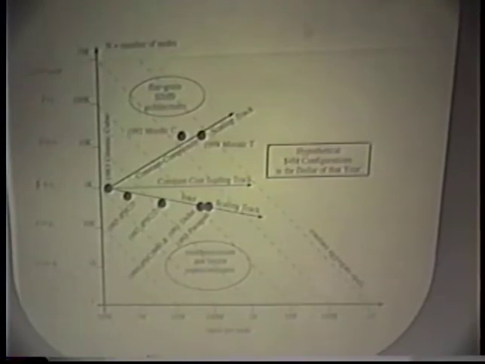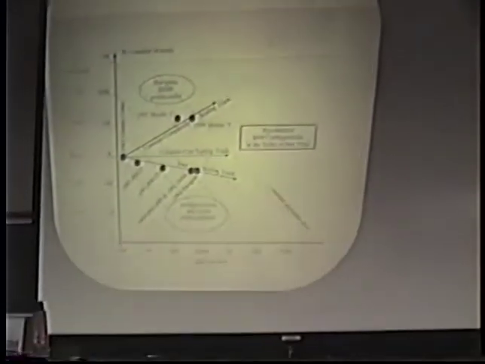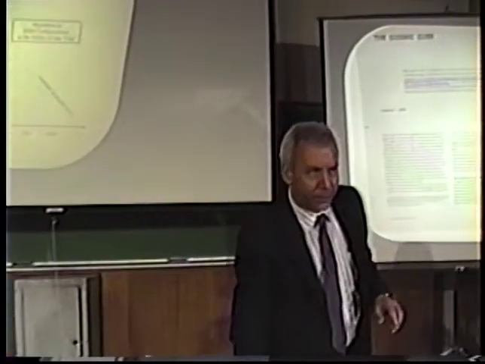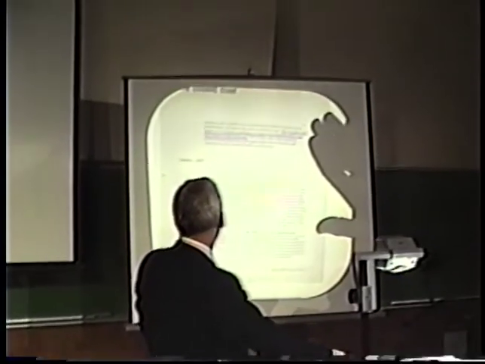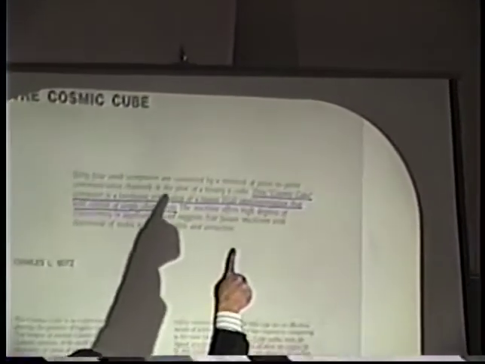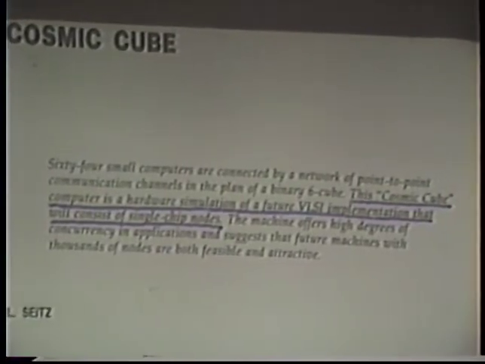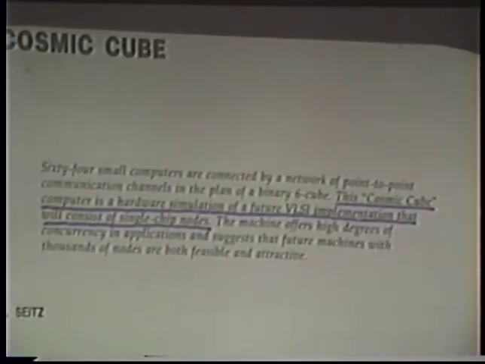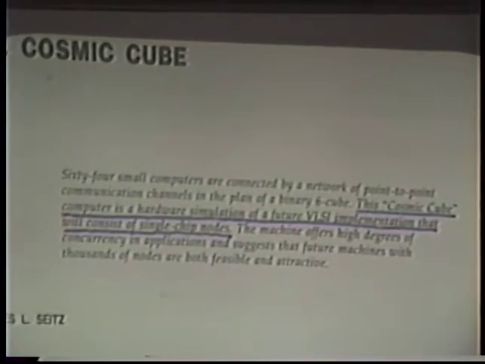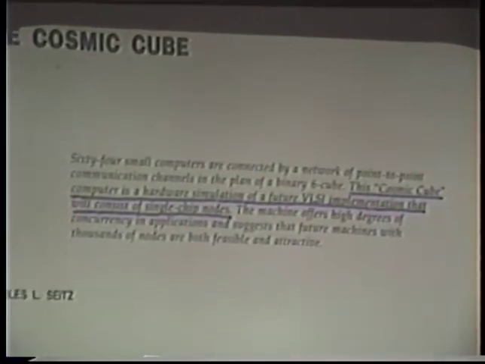And to convince you of that, here's the first page of a January 1985 paper from the Communications of the ACM, where it says, up here, that the Cosmic Cube computer is a hardware simulation of a future VLSI implementation that will consist of single chip nodes. It says more or less the same thing down here. Hardware simulation is what we expect to be able to integrate onto 1 or 2 chips in about 5 years.